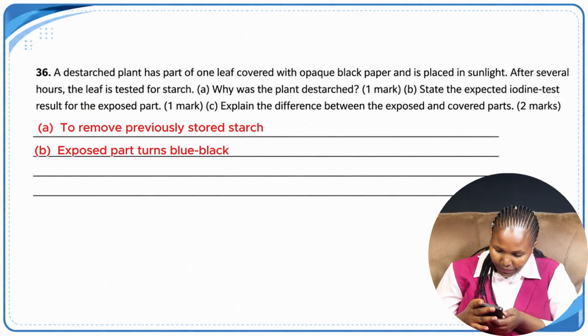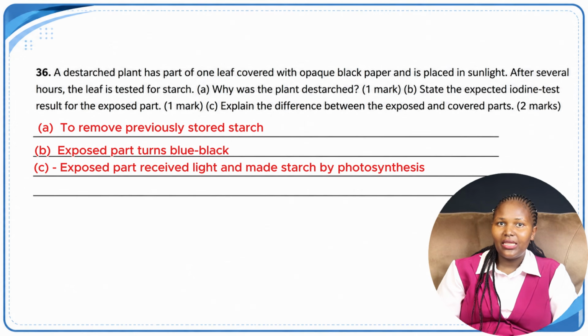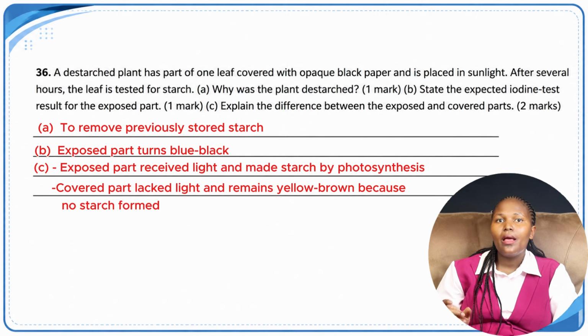And then explain the difference between the exposed and the covered parts. First of all, the exposed part was receiving light and the one that is not exposed was not receiving light. So the covered part lacked light and remains yellow-brown because it has no starch formed. So that is the difference.